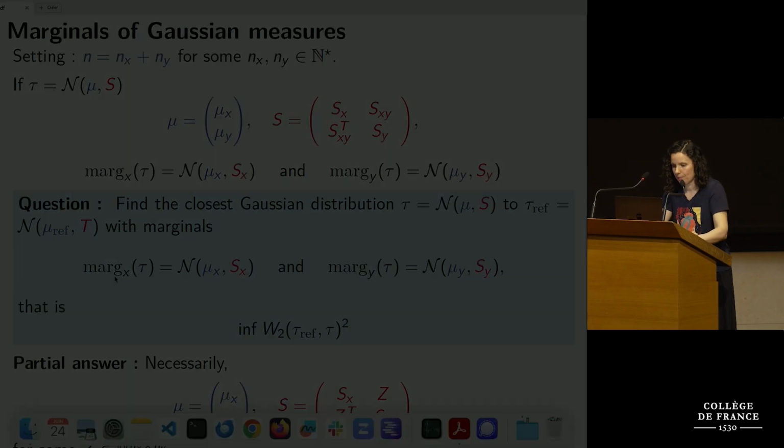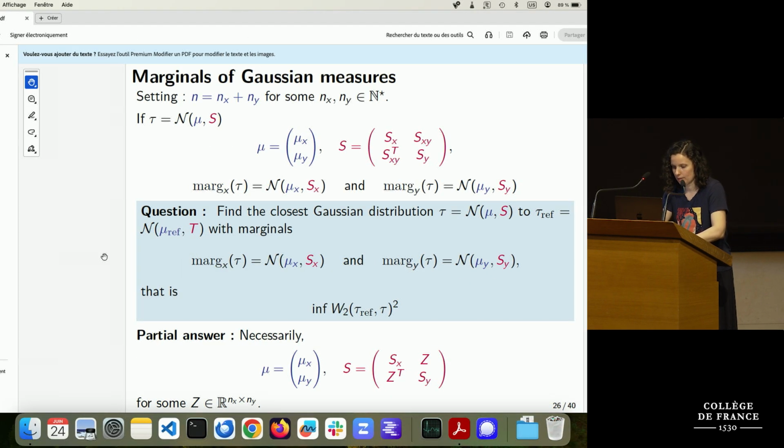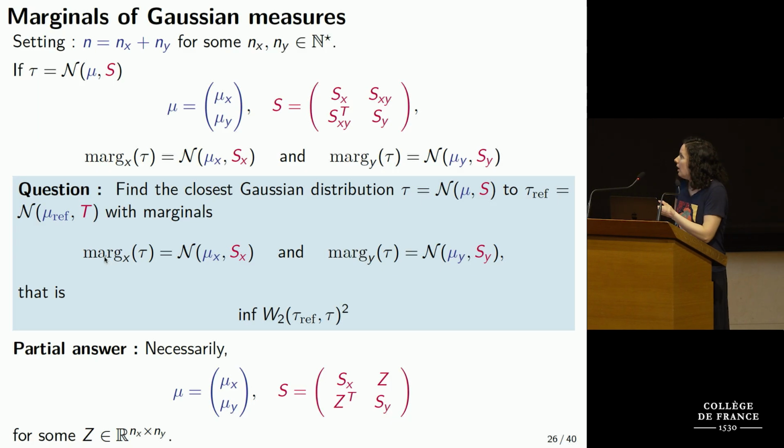And so what happens is that we have a partial answer. Already, since we have these equations, we know that the center has to be mu x, mu y, and that the diagonal blocks of the covariance matrix are given by the prescribed marginals. The only freedom that we have is on this off-diagonal block.